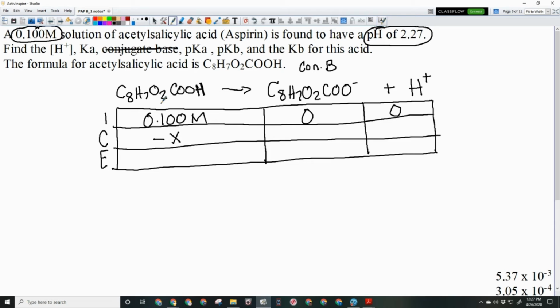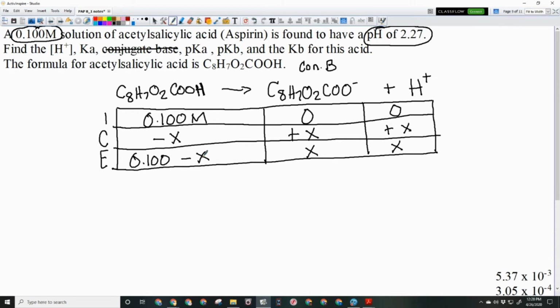It's just going to go down by, let's call it X, down by X. Since the molar ratio is 1 to 1 to 1, this is going to go up by some value of X. And when we say X, we're talking about molarity, minus X molarity. This is also going to go up by X because it's 1 to 1. So what are we going to have at equilibrium? We're going to have X, X, and 0.100 minus whatever X is.